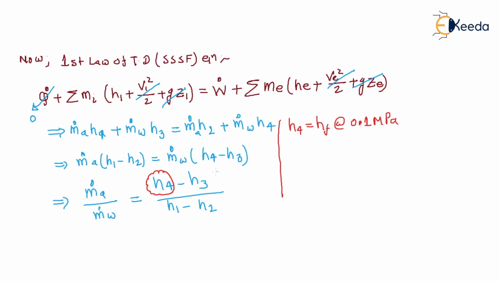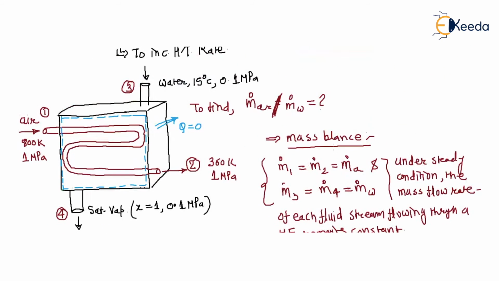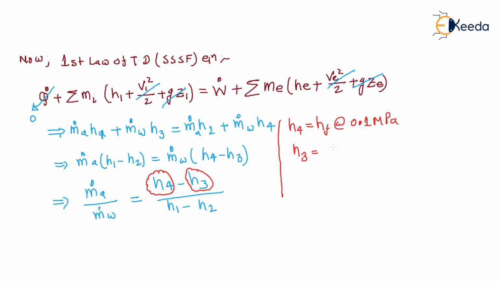What is H3? H3 is liquid water, so it is HF, saturated liquid, at 15 degrees centigrade. So you find this value and this value.